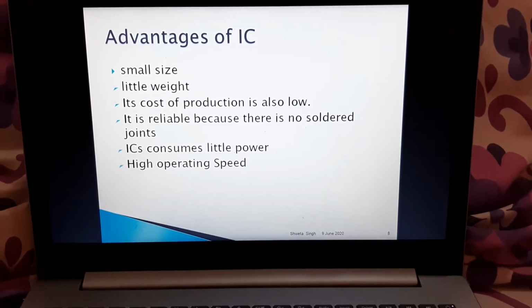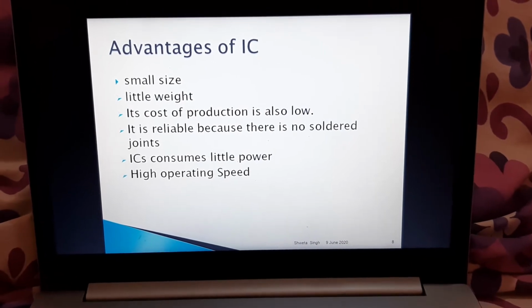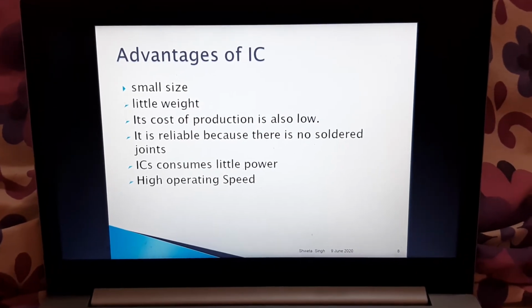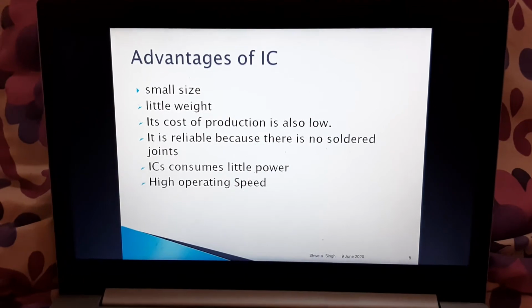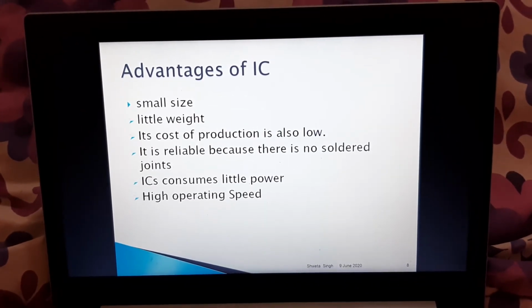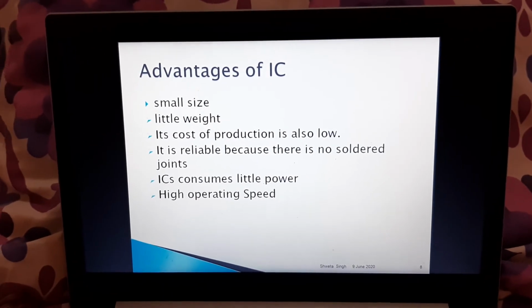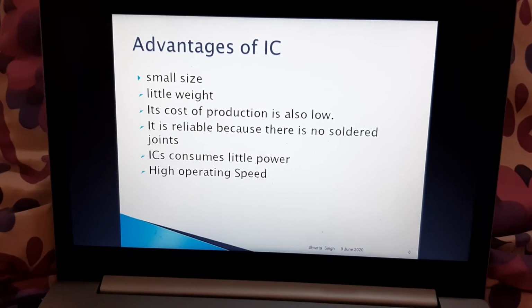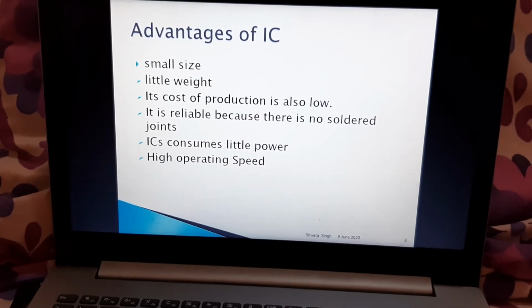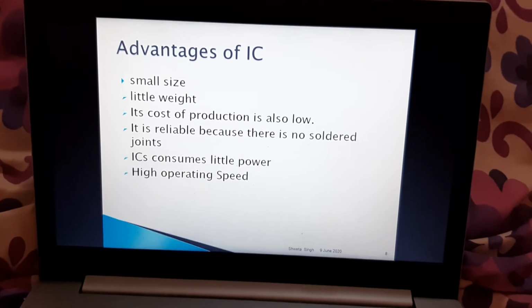Its cost of production is also low because it is in a huge production line. At the same time, n number of ICs can be produced. It is reliable because there are no solder joints. It consumes little power. It works on 5 volt or 15 volt. High operating speed. Its operating speed is in megahertz.